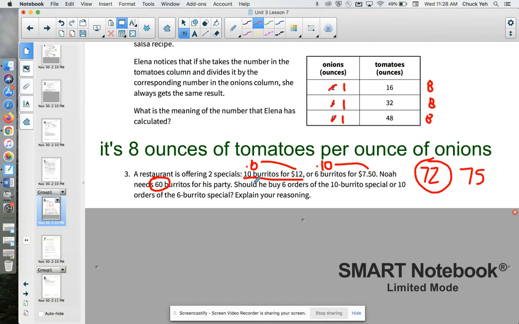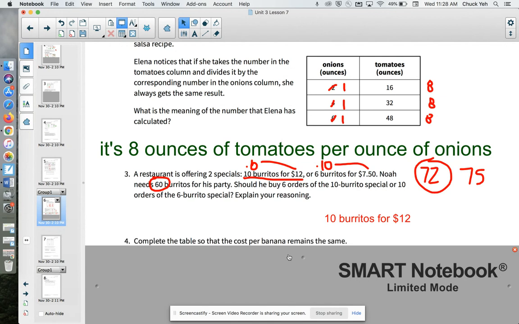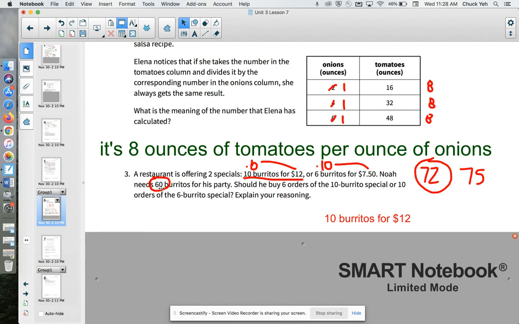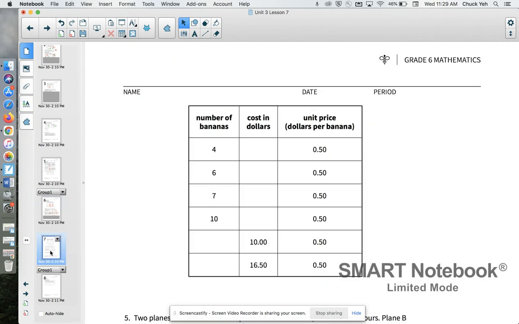So you kind of had to play around a little bit with it and just see what numbers can I use to get to 60. So 6 orders, 6 times 12, and then 10 orders at 7.50. All right? Okay, next.